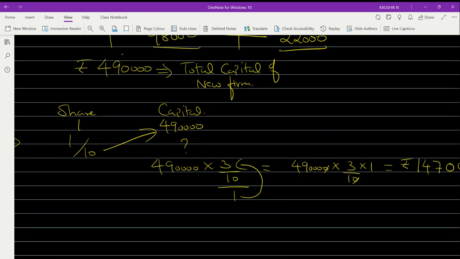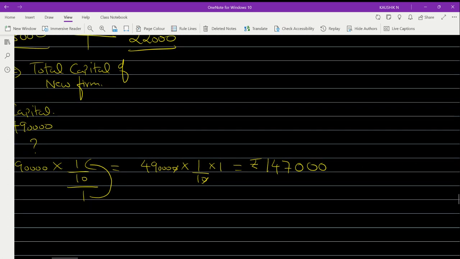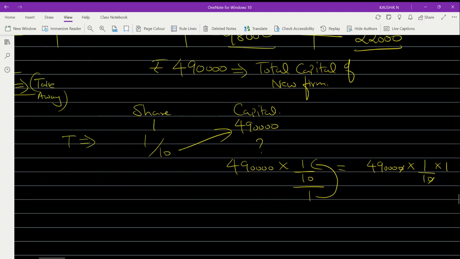So 4 lakh 90,000 into 1 by 10. When you cancel the common zeros, you will get an amount of rupees 49,000. The required amount is 49,000. Correct?